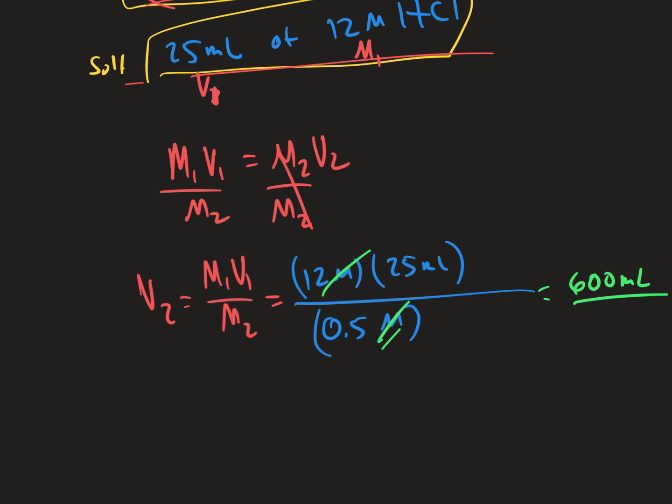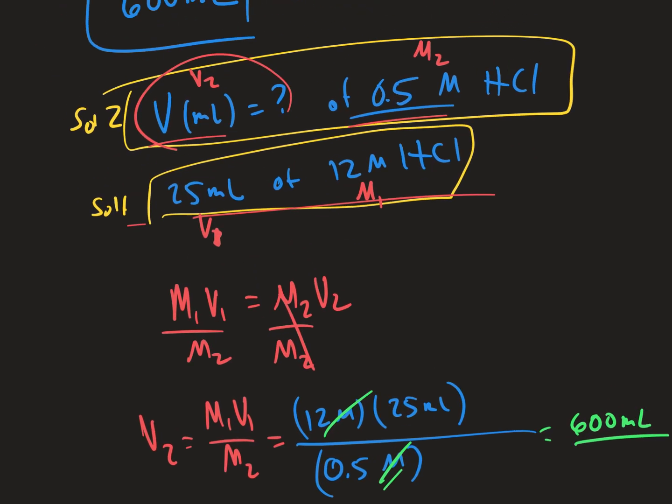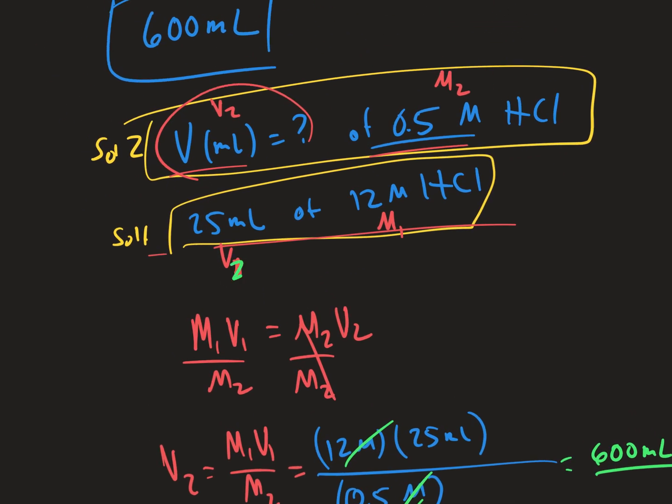Oh, well, I mean, I had the moles flip-flopped, but that doesn't matter, right? So let's say we said this is V2 and M2. Is this what you did? No, I did 25 as V1, and then I did 12 as M2, and then 0.5. Okay. That does matter.